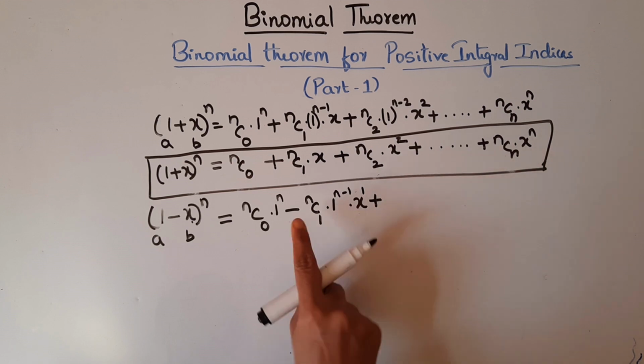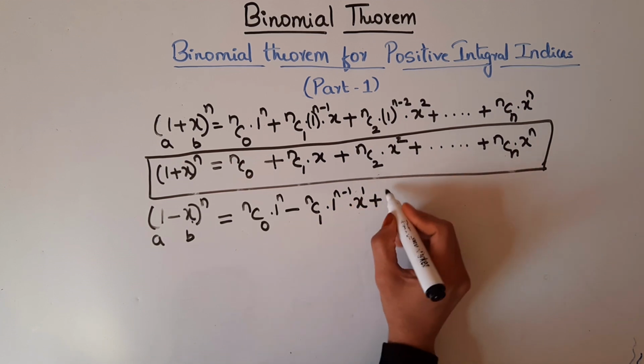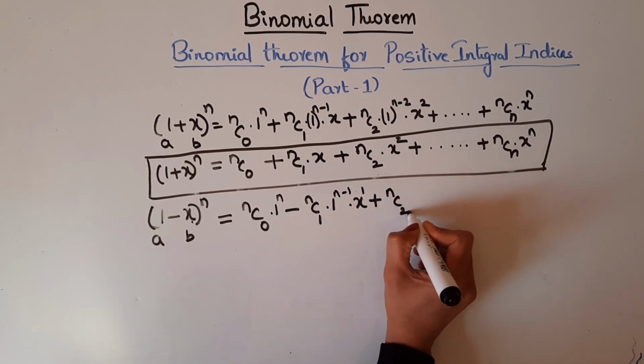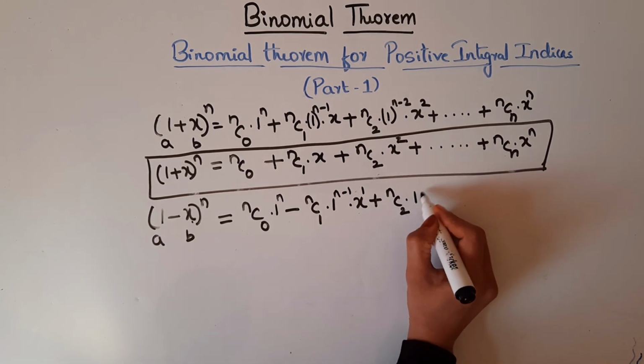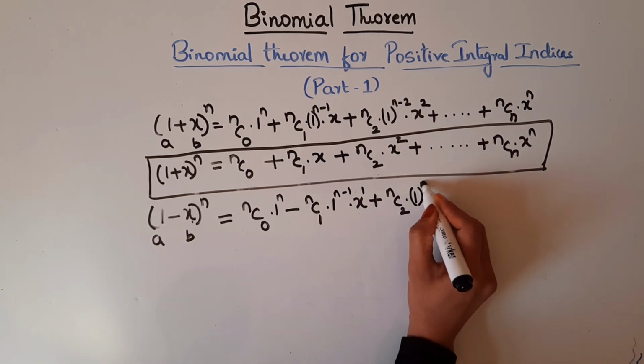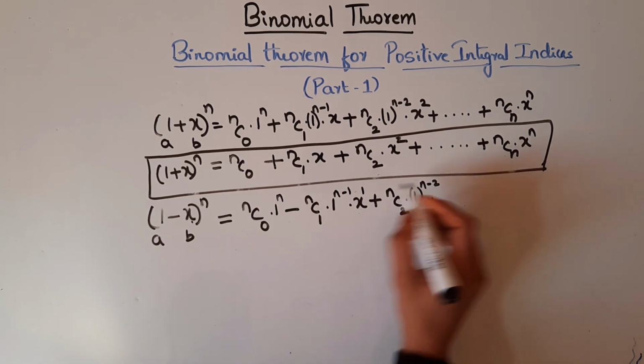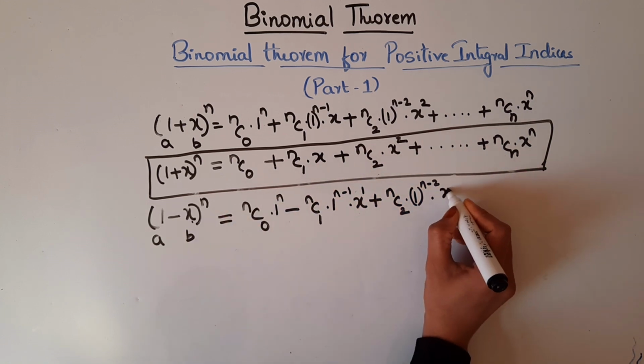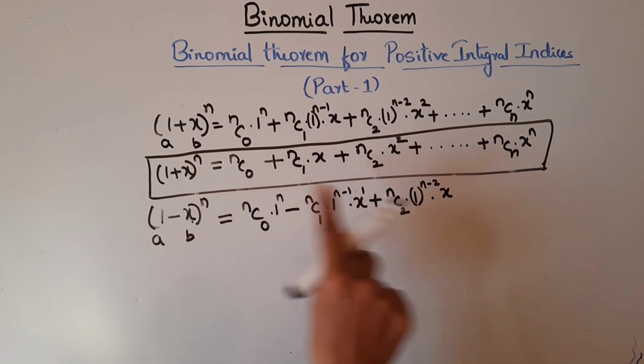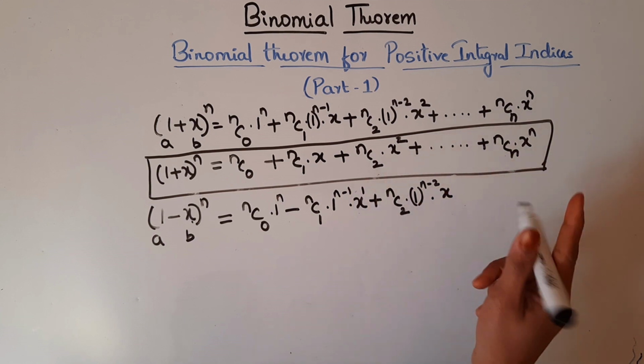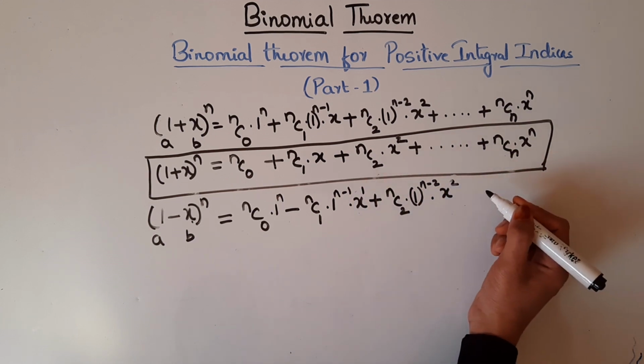Plus, because minus is over, the next term is plus, NC2 into 1 power n minus 2 into x to the power, here it is 1, so the power is increasing, so this is 2.